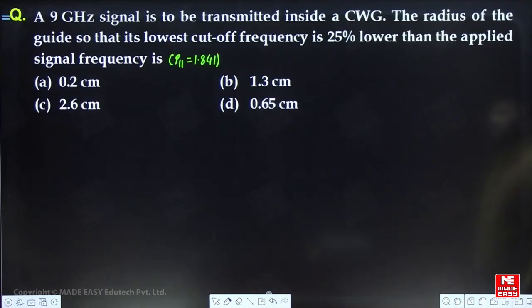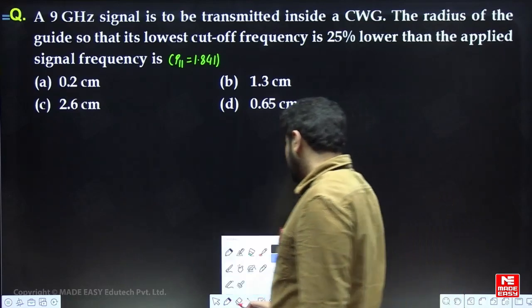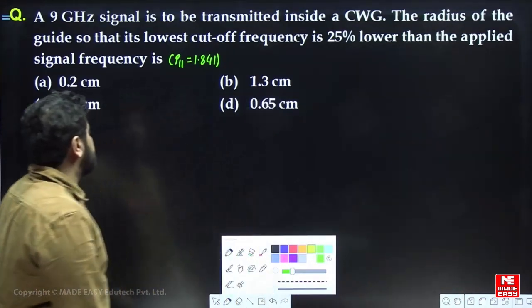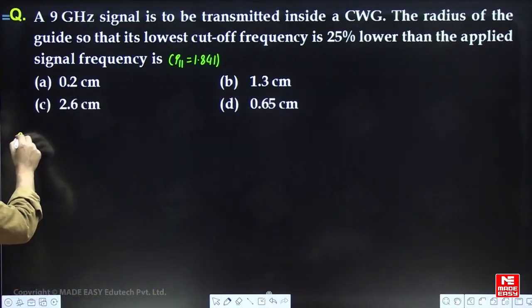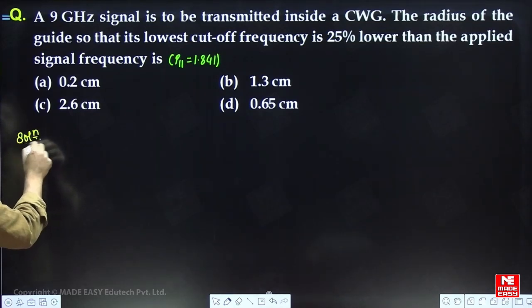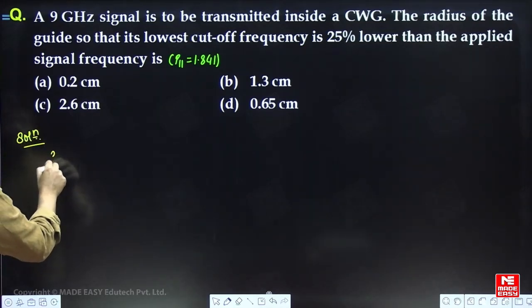Next question. A 9 gigahertz signal is to be transmitted inside a circular waveguide. Correct? Find the radius of the guide so that its lowest cutoff frequency is 25% lower than the applied signal frequency. P11 is given as 1.841. Now this is a circular waveguide, right? Now what the question says is a 9 gigahertz signal. So what is the operating frequency given?